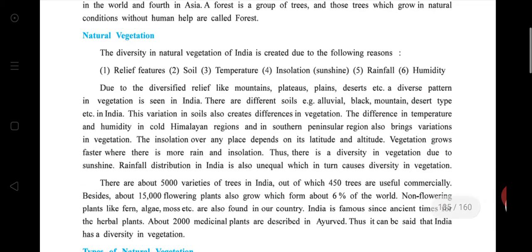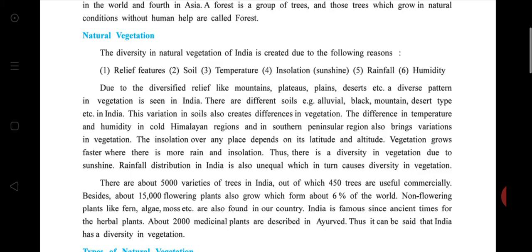First, we did diversity in natural vegetation, due to relief features, soil, temperature, isolation, rainfall, and humidity, like mountains, plateaus, plains, desert, etc.